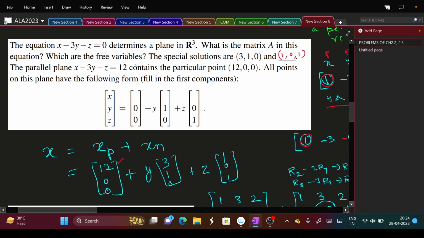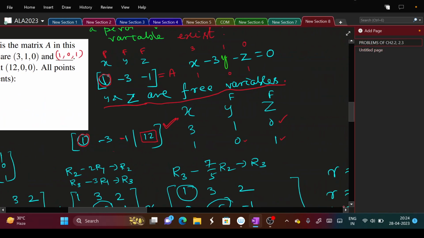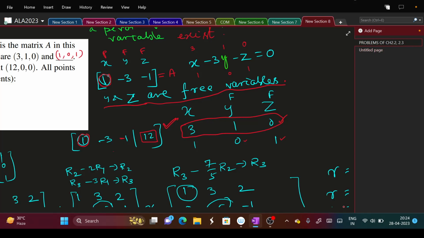Now to write down xn, let me verify how they are named. So here, this is my special solution which I obtained by substituting y is equal to 1. So this vector I will multiply with y, and similarly this vector I will multiply with z.